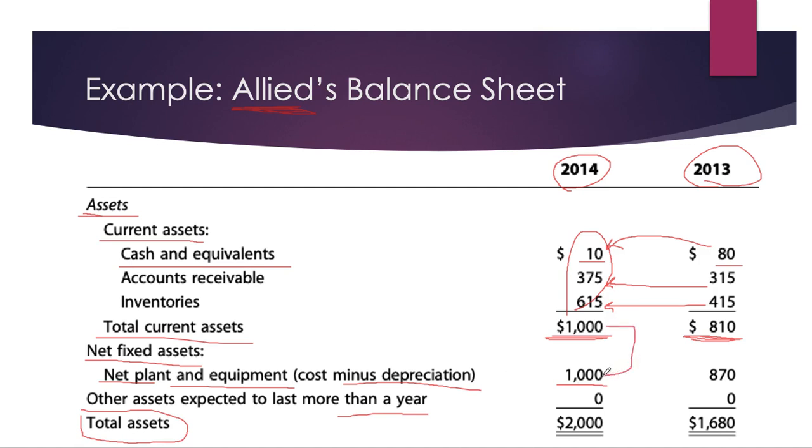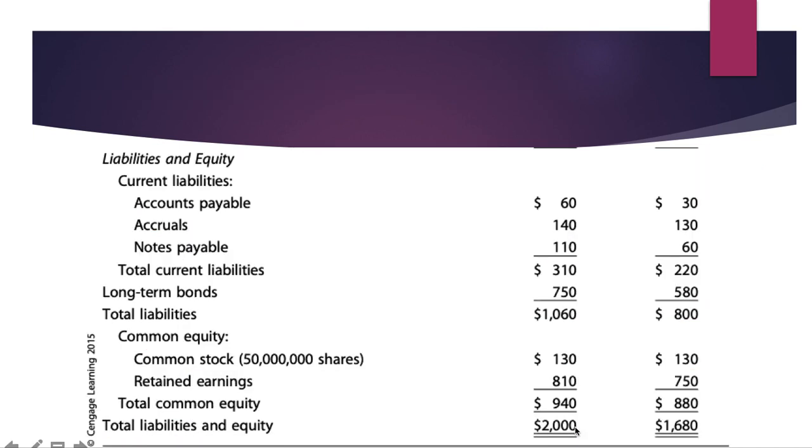So by adding these together, we obtain 2,000. This increased from 1,600 to 2,000. So the total assets has increased.